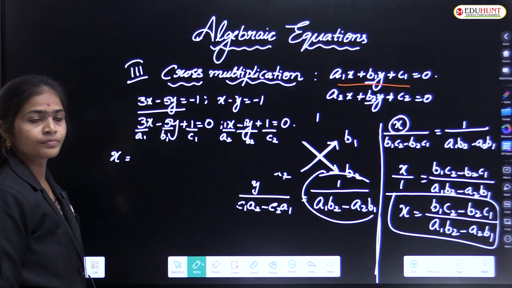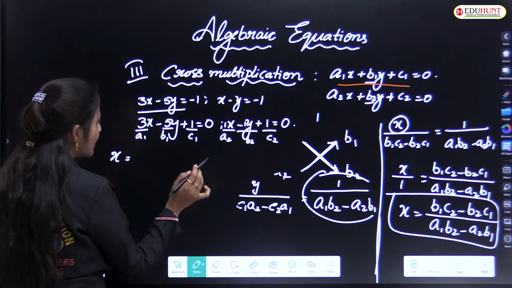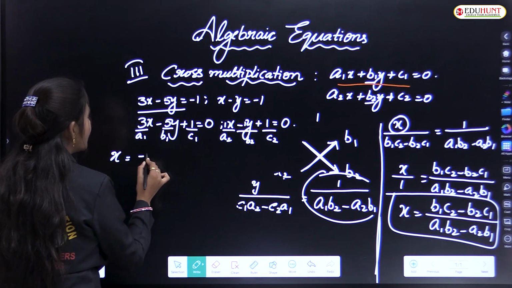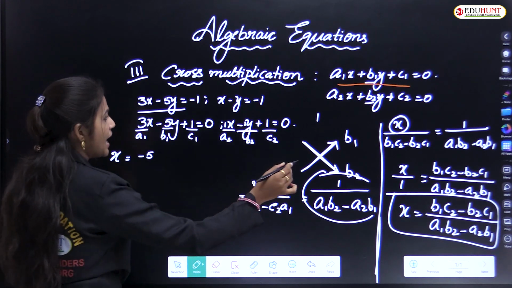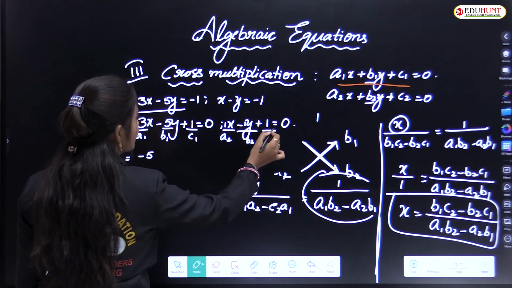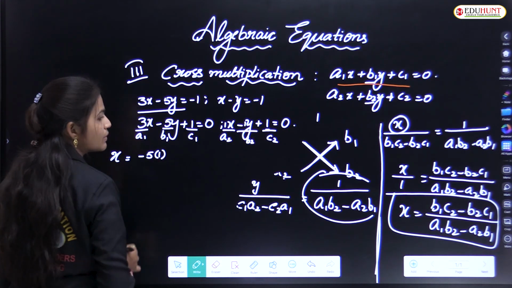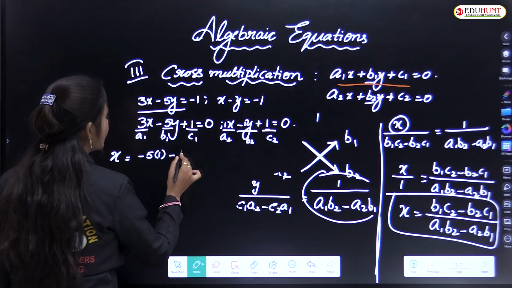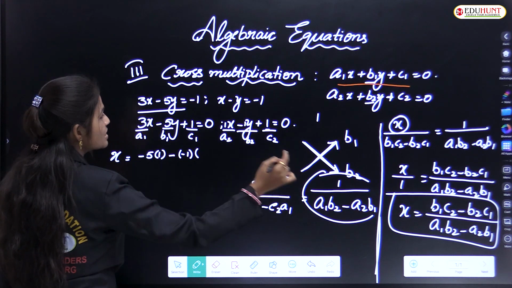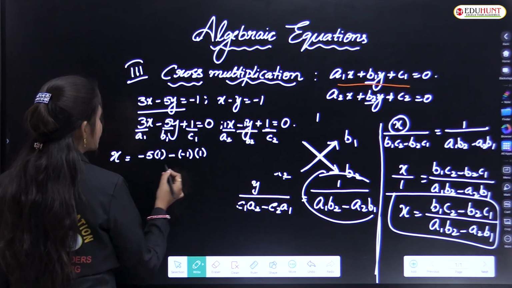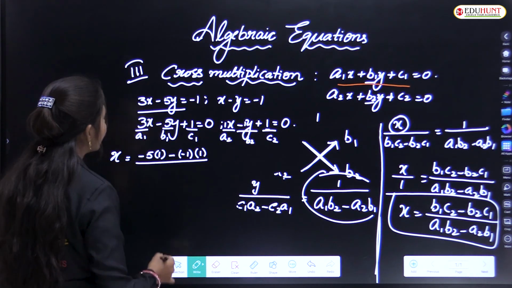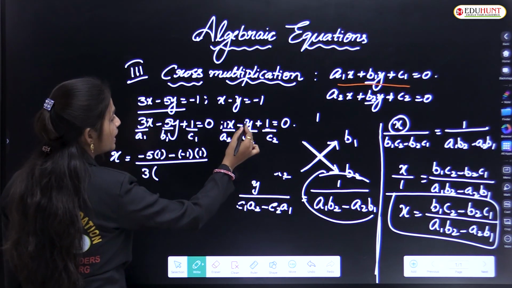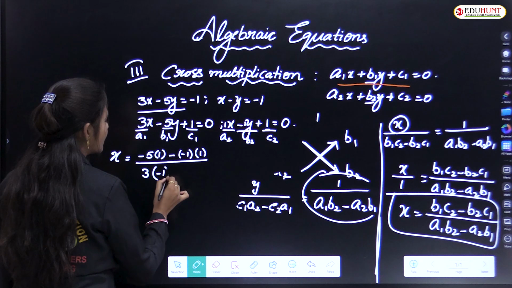Is it clear to you? Okay, now substitute the values. b1, along with that sign we have to write, so b1 is equal to minus 5 and c2 is equal to 1, so that is c2 equals 1, minus b2, so b2 is equal to again minus 1, b2 c1, so c1 is equal to plus 1, whole by a1 b2, a1 is equal to 3 and here a1 b2 is equal to minus 1.